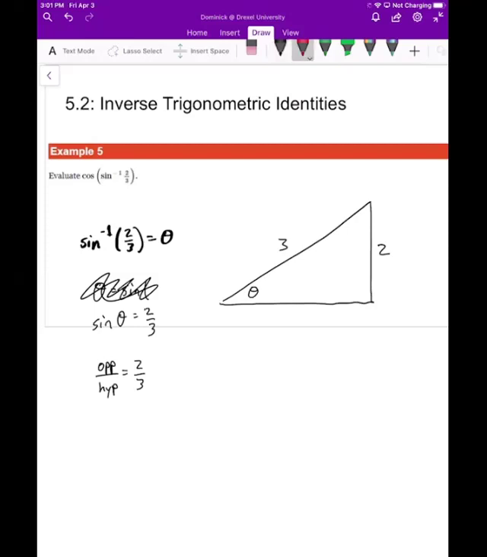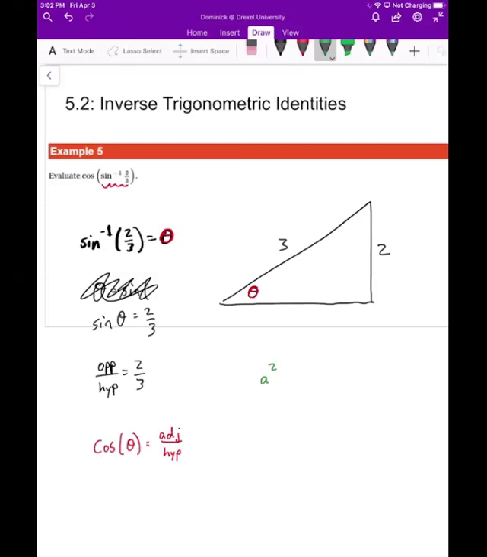Now, keep in mind, I want to get eventually the cosine of this angle. So this is the angle that is equal to the inside. Let me maybe color code here. So that's this angle that we're talking about here. Eventually I want to have the cosine of that angle. That's the next part of the problem. So if I can find the adjacent over the hypotenuse, then I'm in good shape. Of course, we don't have the adjacent right now, but can we get it?